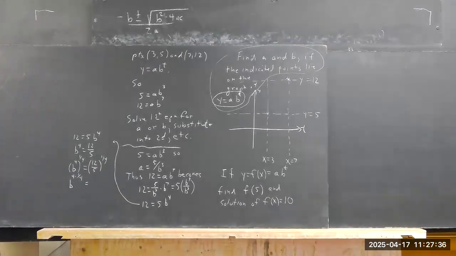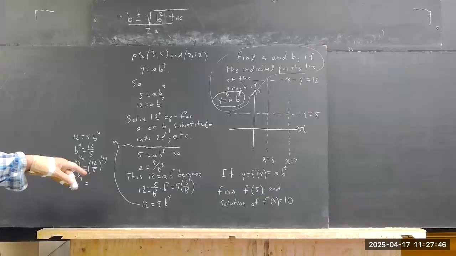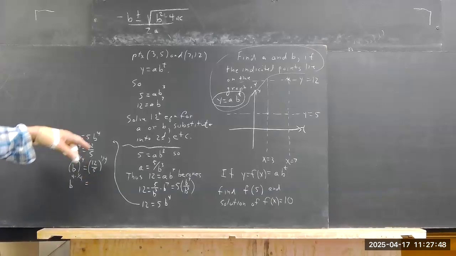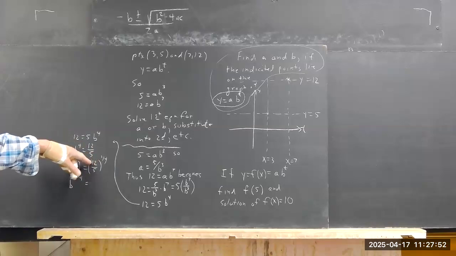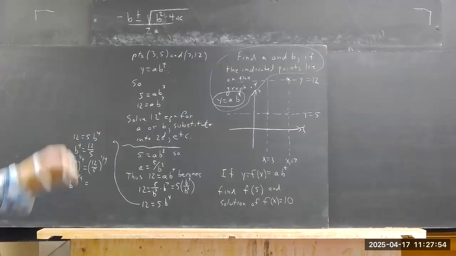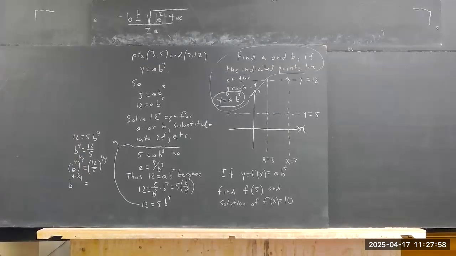Now 12 fifths is about 2.4. If you square 1.1, you get 1.21. You square that, you get 1.44. So 1.1 to the 4th is about 1.4, where you need to get 2.4. Okay. If you square 1.2, you get 1.44.